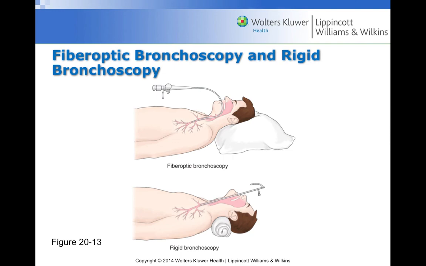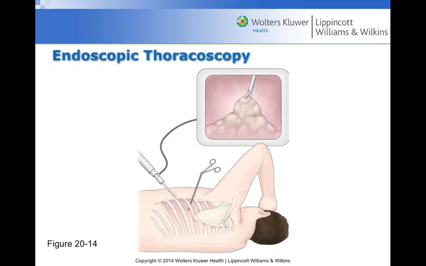And here's just an illustration of a bronchoscopy and a rigid bronchoscopy. Note the difference in how the patient is positioned. And then here is an illustration of an endoscopic thoracoscopy.